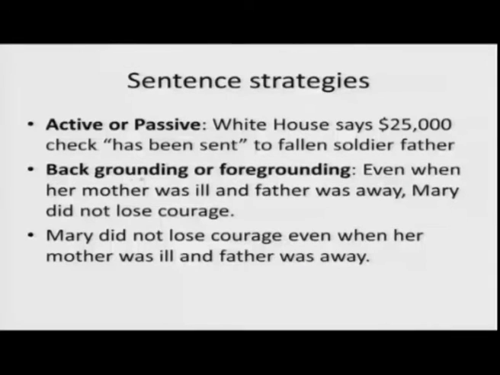Second, backgrounding or foregrounding. Let us look at these two sentences. They are about the same topic. Even when her mother was ill and father was away, Mary did not lose courage. So, now we rephrase it. Mary did not lose courage even when her mother was ill and father was away. So, do you see any difference between these two sentences?